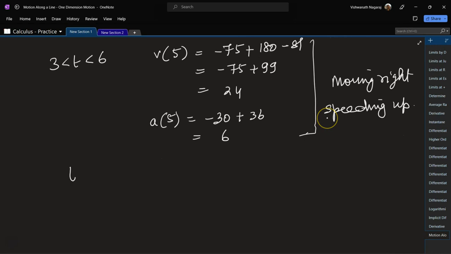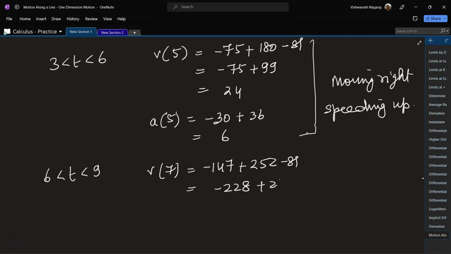Okay, the third interval that we are interested in is from 6 to 9. So now here, whichever you feel comfortable with, let's take it as V of 7. V of 7 will be minus 3 times 49, that is minus 147, plus 36 times 7, that is 252, minus 81, which gives us minus 228 plus 252, which gives us plus 24.